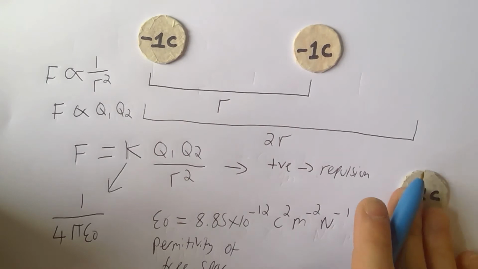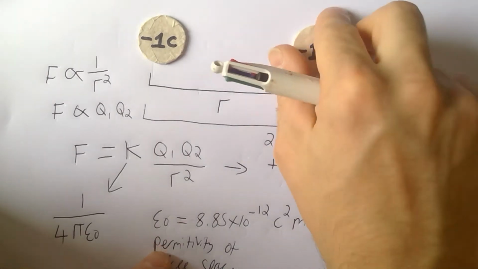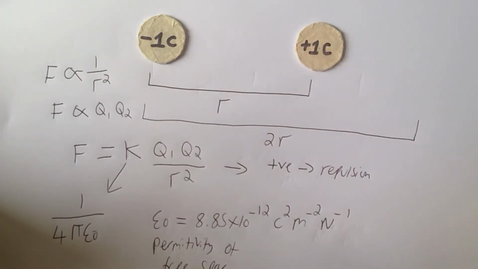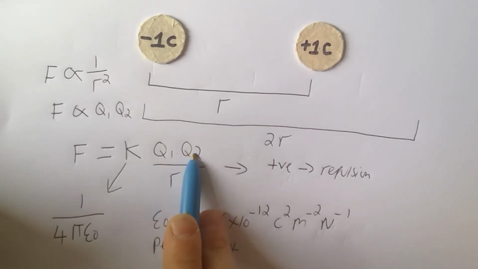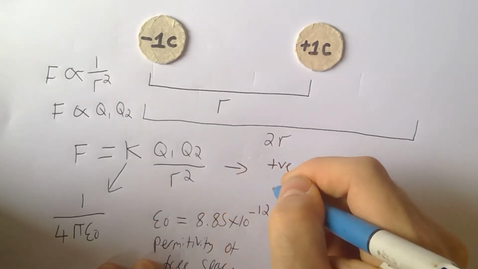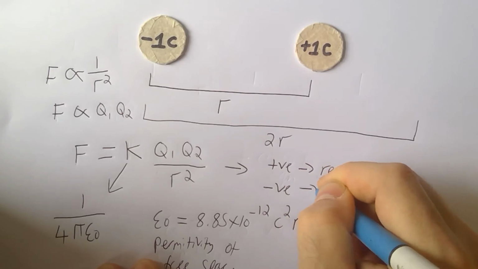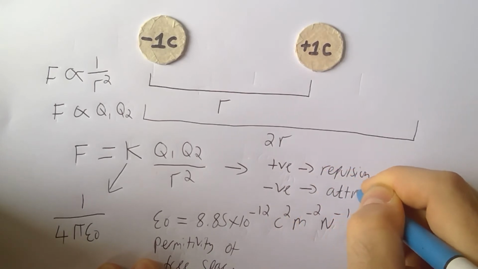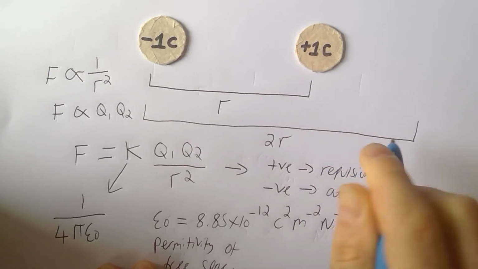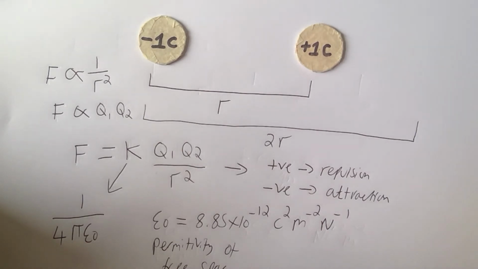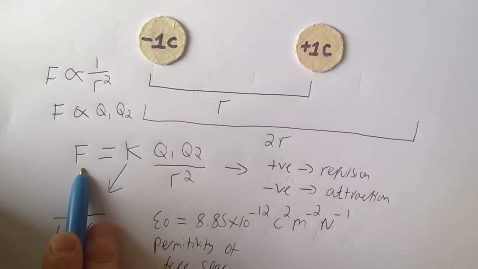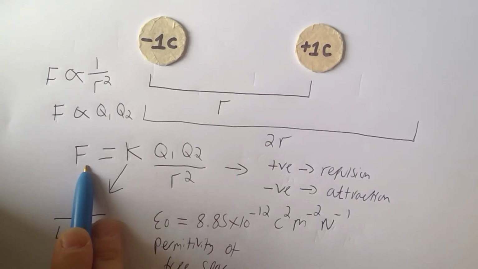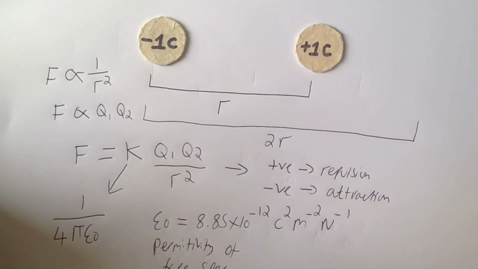A positive force means repulsion. One's positive and one is negative. A positive multiplied by a negative gives you a negative, and that would mean attraction. So the positive and the negative doesn't really mean anything when you think about your force here. It doesn't mean the direction, it's telling whether it's attractive or repulsive.